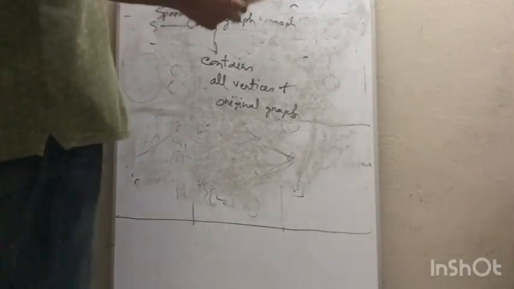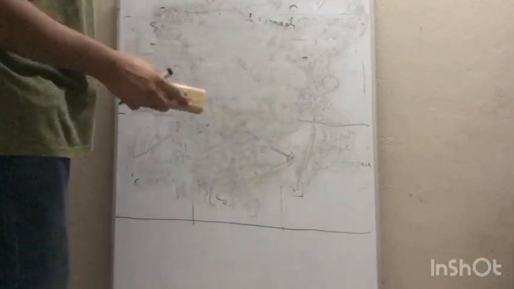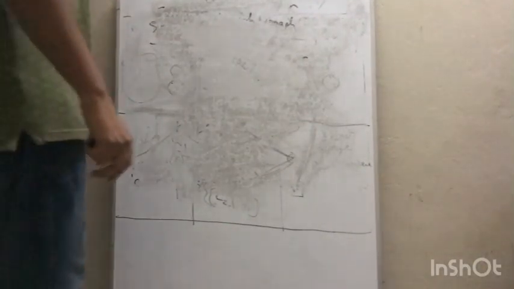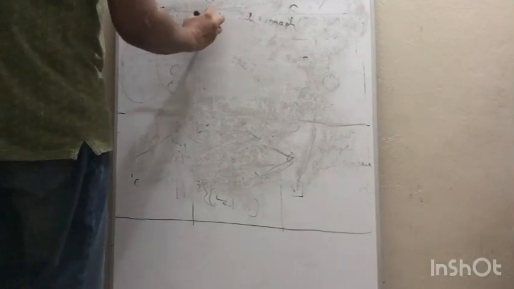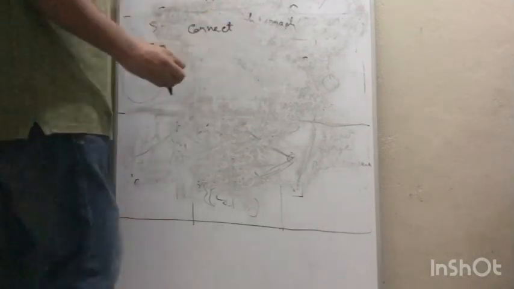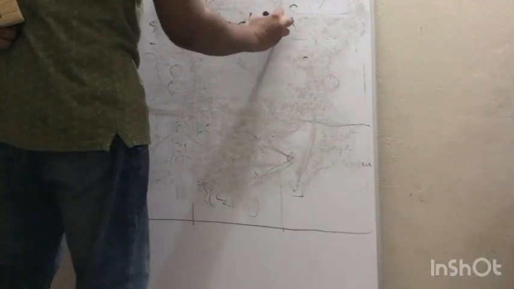Connected components. A connected component is a maximal connected subgraph.